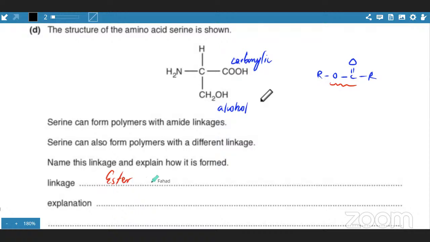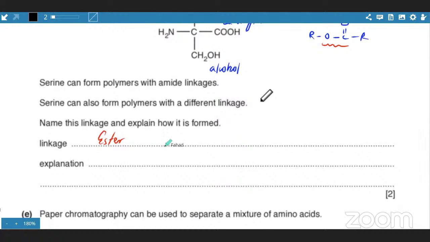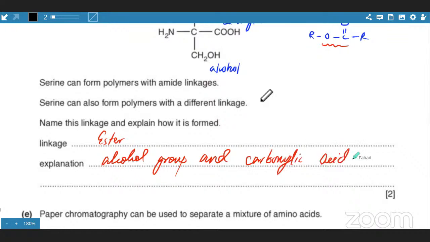The other part is explain why, because alcohol group and carboxylic acid group would link up to form an ester.